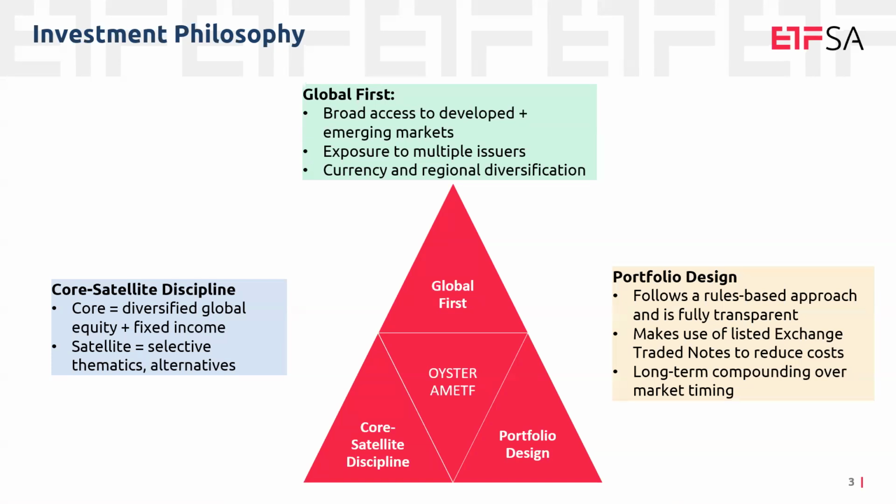And we do that very much with a rules-based approach. So yes, it is an actively managed ETF because it doesn't track or follow a specific index, but there's very much a strong structural rules-based approach to how we do it. Fully transparent process. We fully disclose what we have in the portfolio at any point in time.